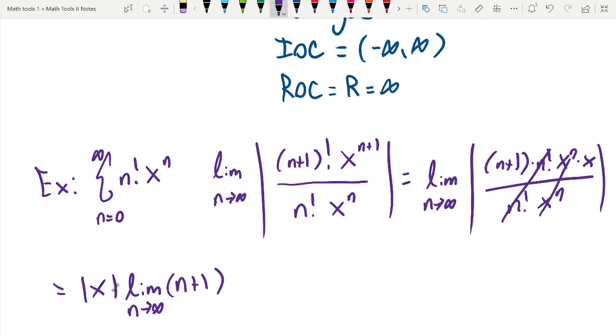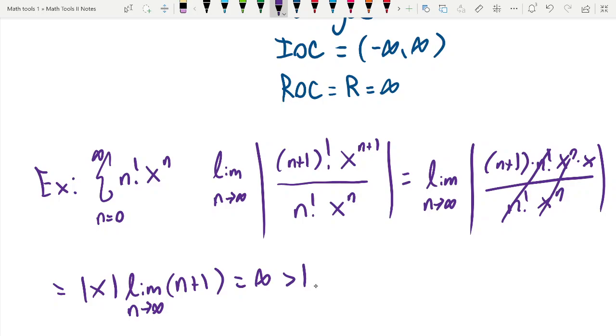And now again, it doesn't matter what x is, this limit is always going to be infinity, right? What x is doesn't matter unless it's 0. So then we run into a weird situation with the ratio test. That's why it was important for us to establish those ground rules in the first place, which is that this is going to converge at x equals 0 no matter what. Okay. But anyway, this is greater than 1.